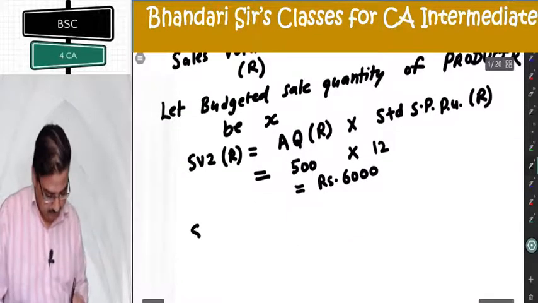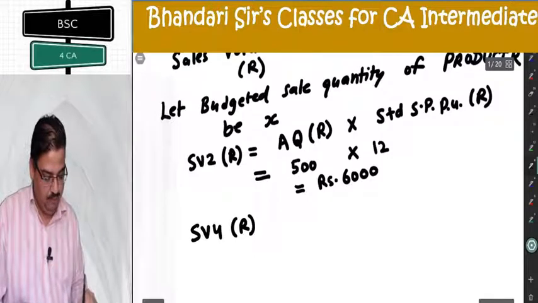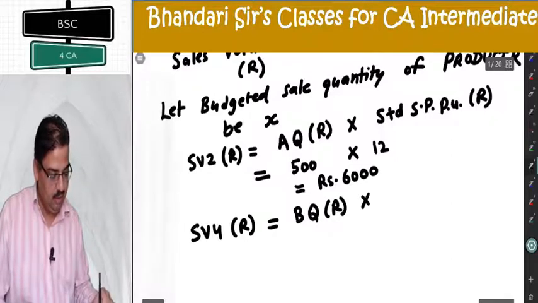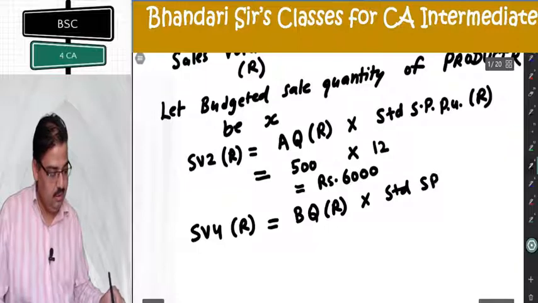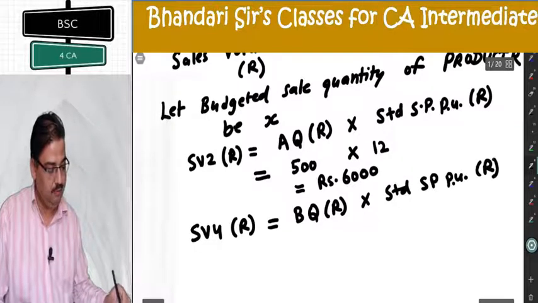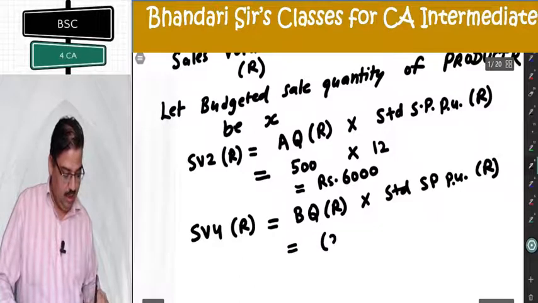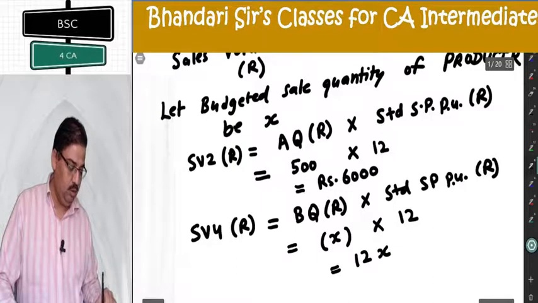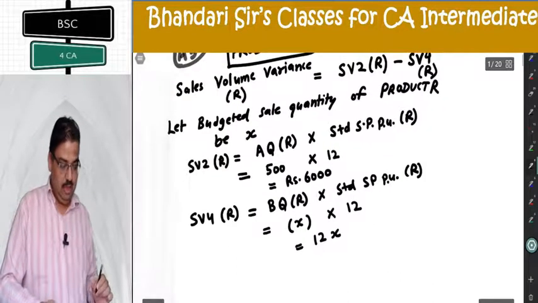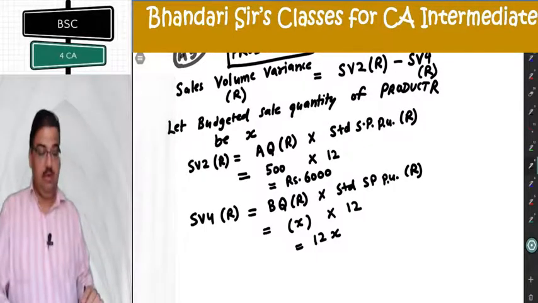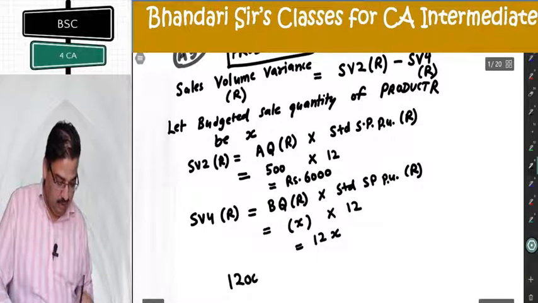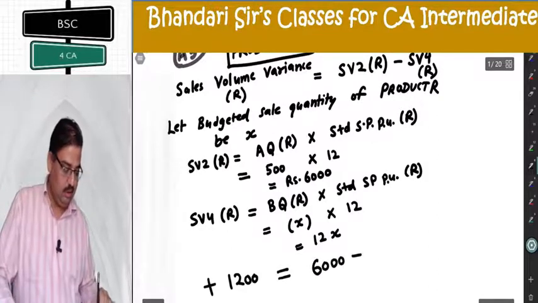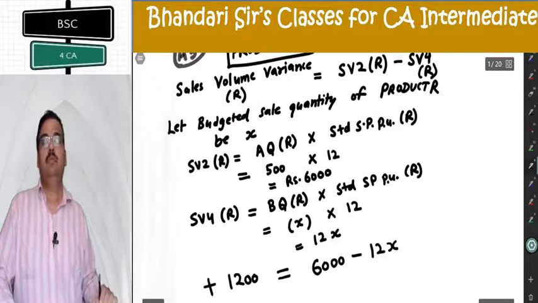Similarly, SV4 of R is equal to budgeted quantity of R multiplied by standard selling price per unit of R, which is X multiplied by 12, is equal to 12X. So as per the formula, sales volume variance of R 1200 favorable positive is equal to 6000 minus 12X. Very simple equation.